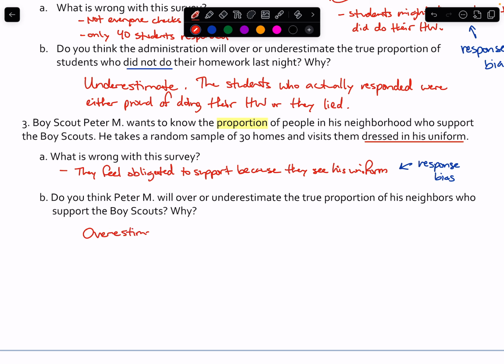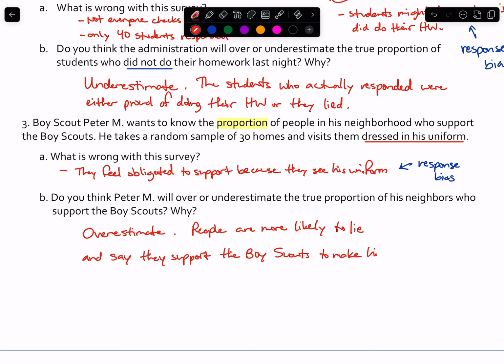He's probably going to get a lot of people who say yes, they do, even when they don't, because people are more likely to lie and say they support the Boy Scouts to make him happy, right?